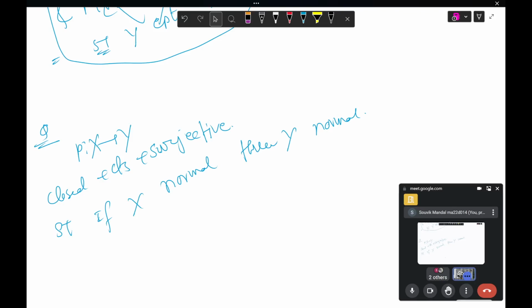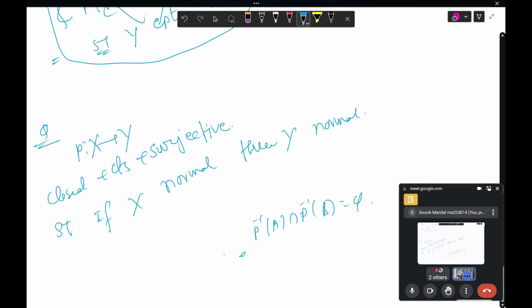So, p inverse A subset of U will imply A is a subset of the image of U under p, and B is a subset of p of V. One second, can you please do it after that? p inverse A intersection p inverse B is empty, so they are disjoint as well as closed subsets of X, where X is a normal space.